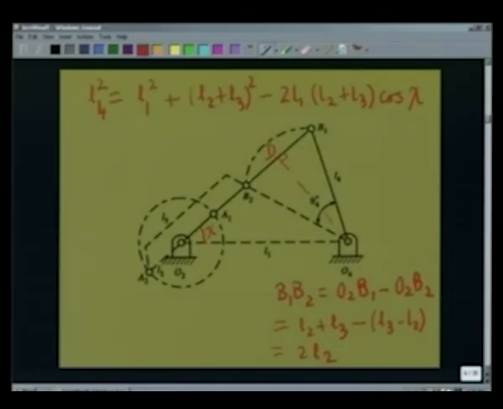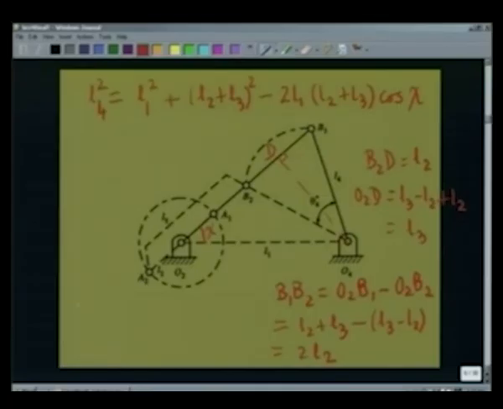So, the half of that, B2D, will be L2. So, I can write B2D is L2. So, O2D, which is O2B2 plus B2D, and O2B2 is L3 minus L2, plus L2, which is L3. So, cosine of this angle chi is O2D divided by O2O4.